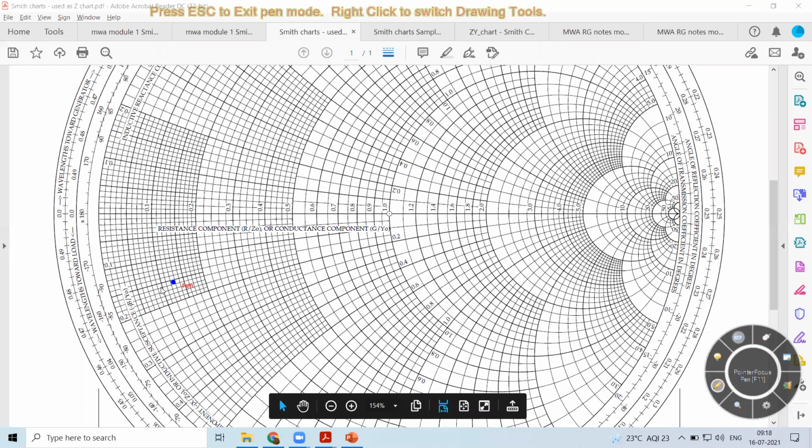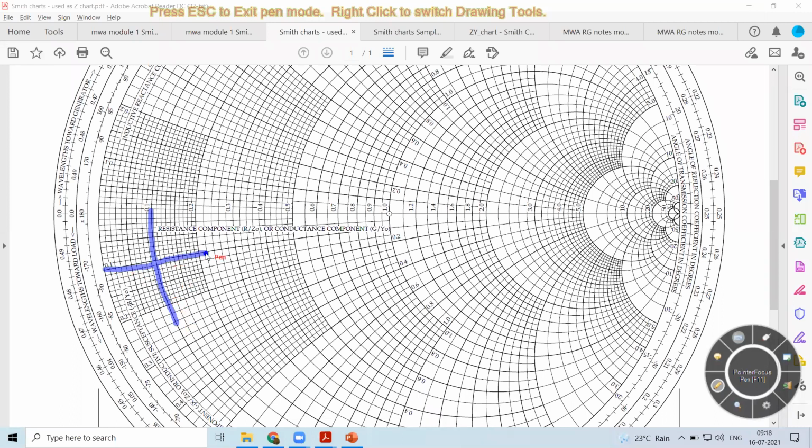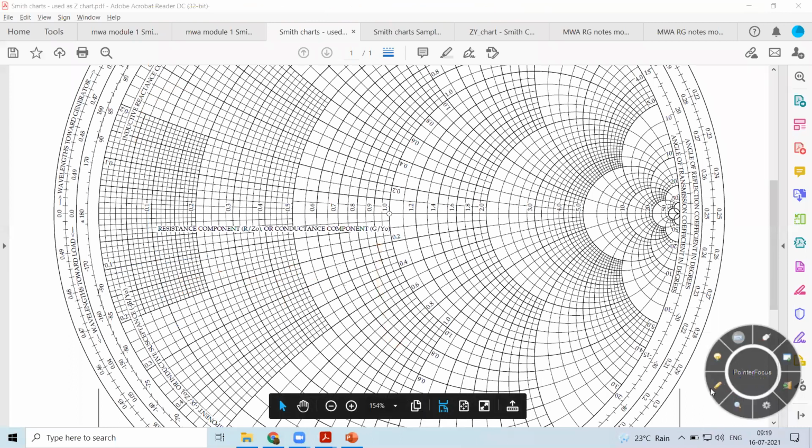Again, we see that the 0.1 resistive circle is here and the 0.1 reactive circle is here. So this point is associated with 0.1 minus j 0.1. If you're plotting the inductive parameter, you plot it in the upper half part, and if it is a capacitive component, you plot it in the lower half part.